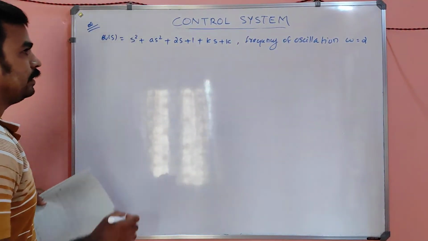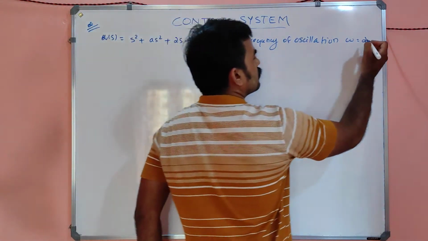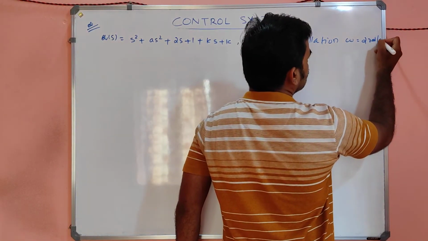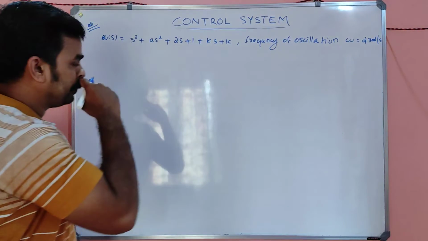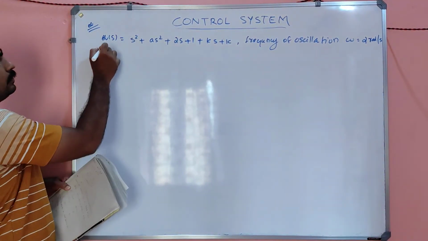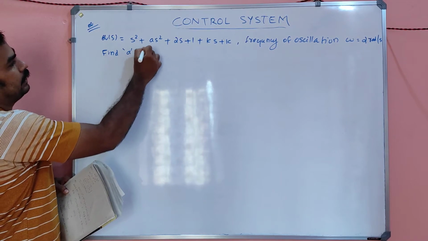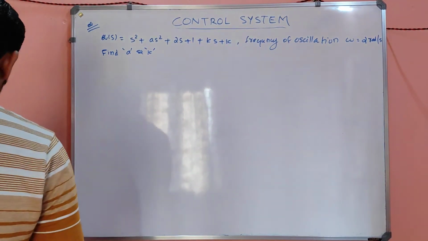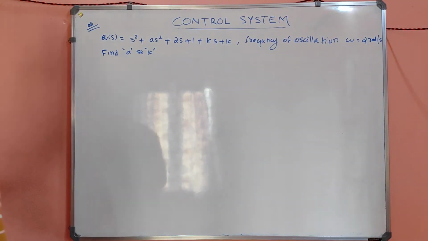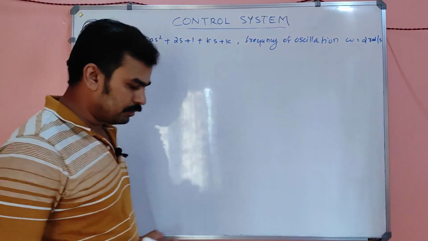Find a and K. 2 means it's understood, 2 radian per second. Find a and K. How to find both?